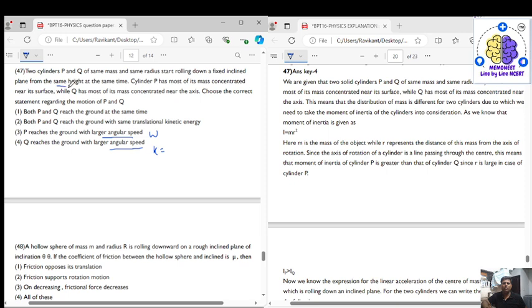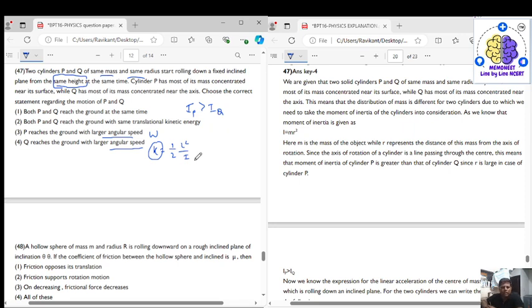Because they are released from the same height, the potential energy possessed by both the bodies, because they have the same mass and same radius, will be same. So the kinetic energy at the bottommost position will be same, and kinetic energy is equals to half L square upon I. Now, if kinetic energy is same for both the bodies, and because P has most of its mass at its circumference, I for P will be greater than I for Q, right?